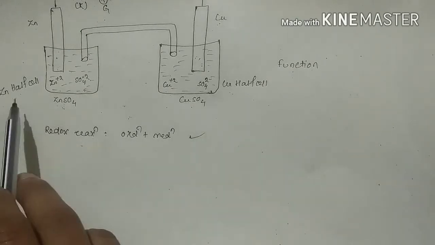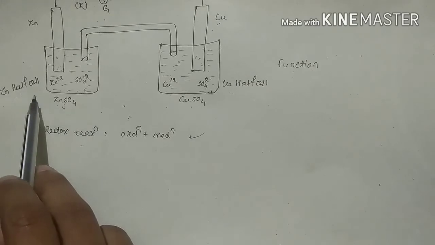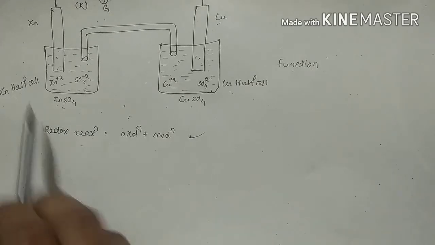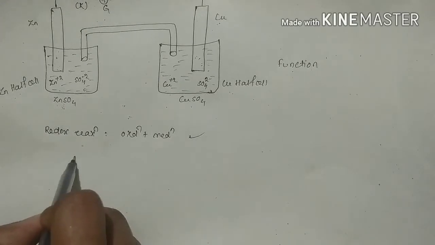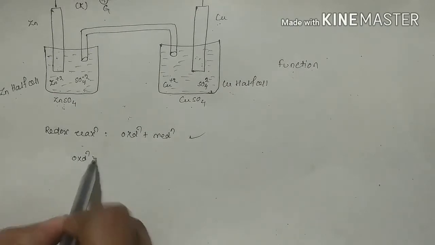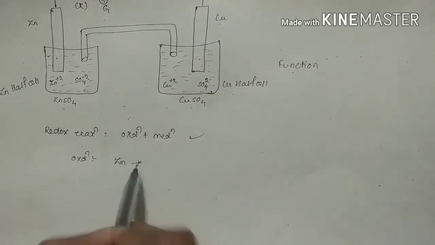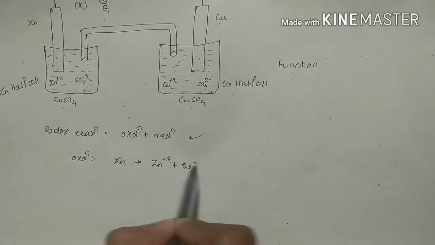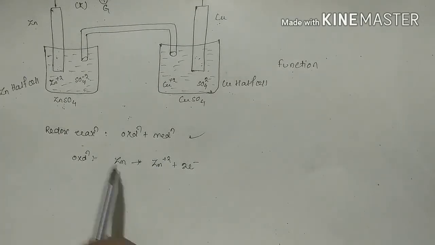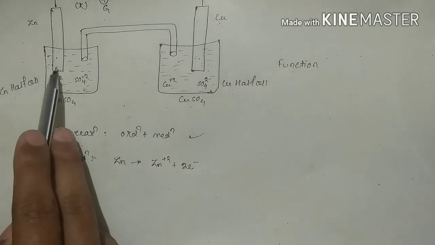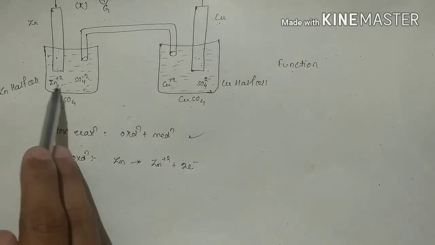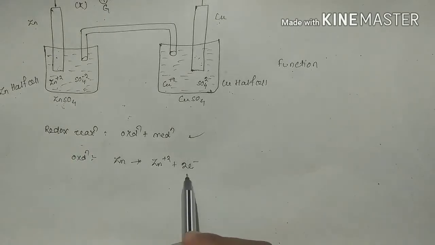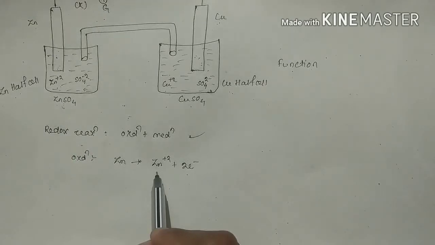The oxidation reaction which occurs in the zinc half cell is shown like this. The zinc electrode present in the zinc half cell undergoes an oxidation reaction to produce electrons and zinc ions.